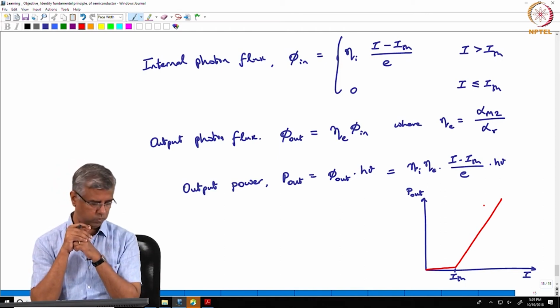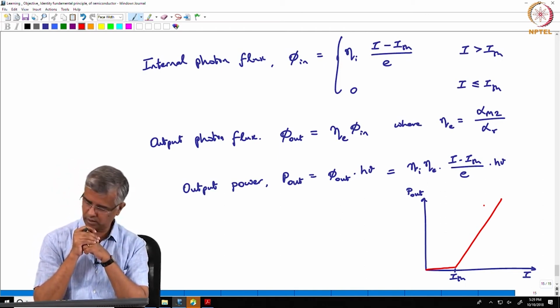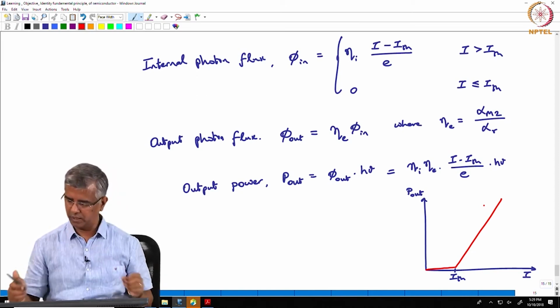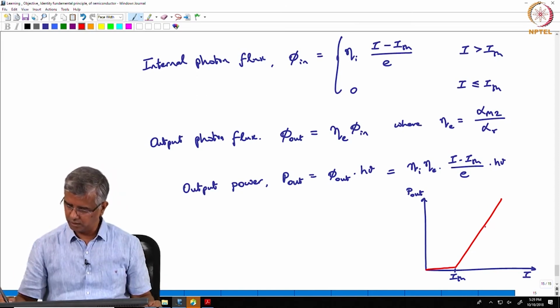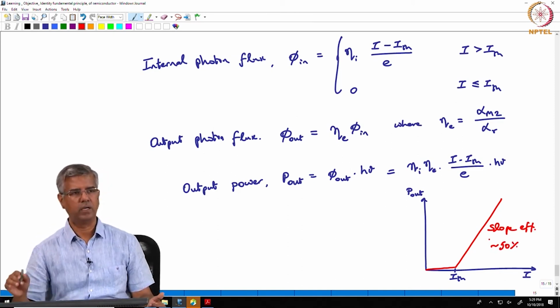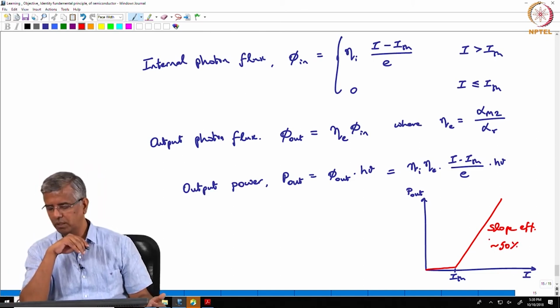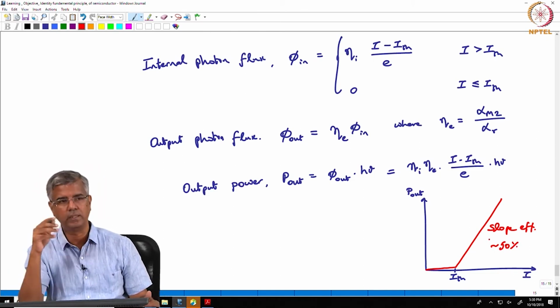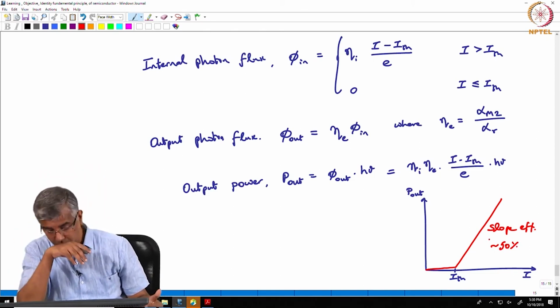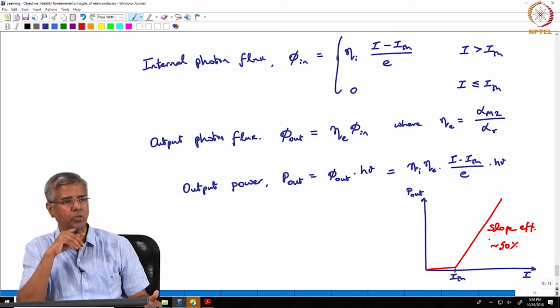So, that is one thing I wanted to mention, and also these are fairly efficient because the slope efficiency can be in the order of 50%. And the threshold currents can be in the order of 10 milliamps or so.